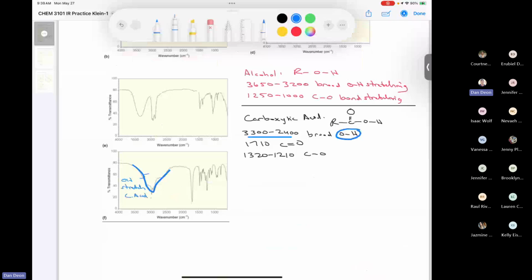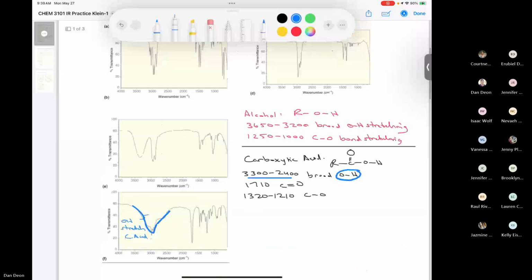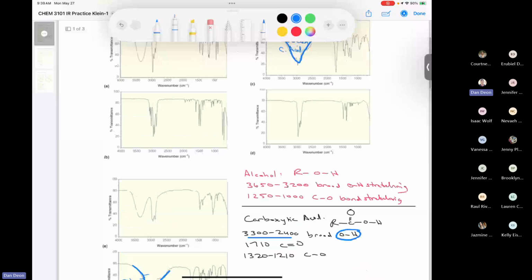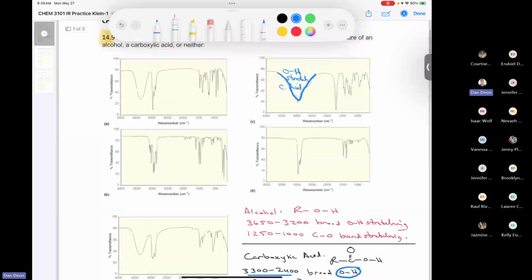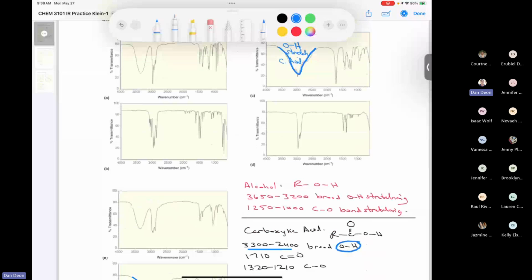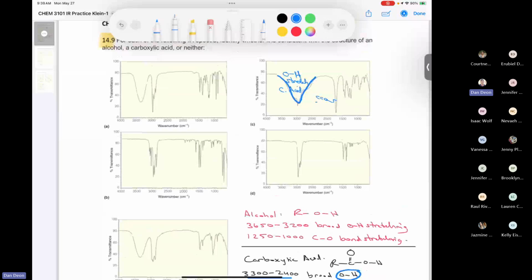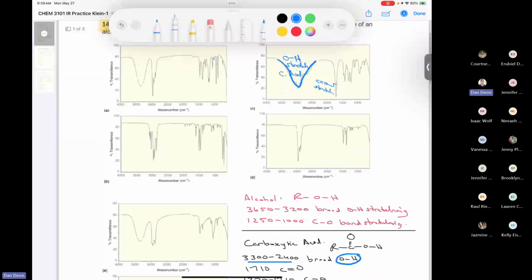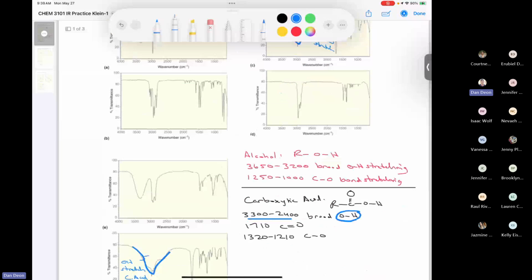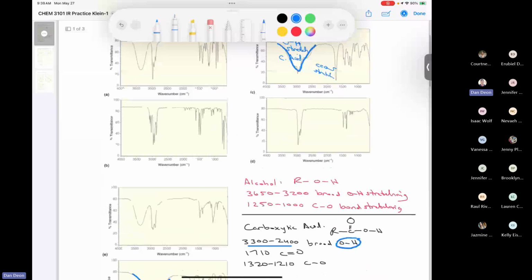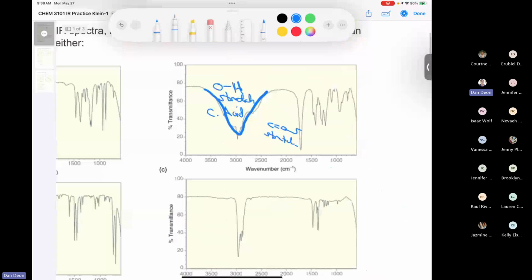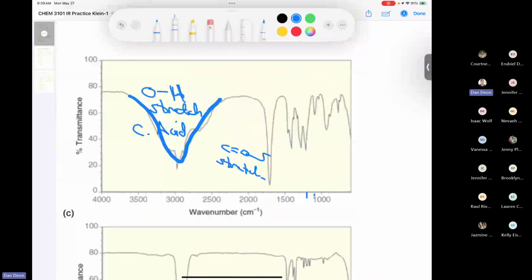So now that we know that those two are carboxylic acids, let's see if we can find the carbonyl. For the one in C, you can see that the carbonyl is here. So we'll put carbonyl stretch like this. Now for the carbon oxygen stretch, it's between 1320 and 1210. If we zoom in here, if this is 11, 12, 13, 14, I'm not sure exactly which one it is.